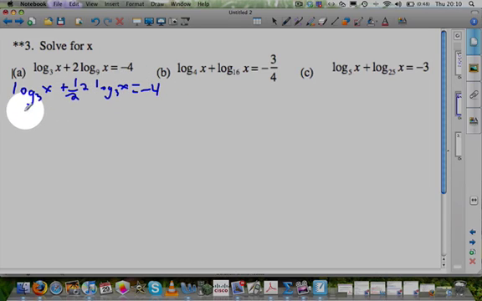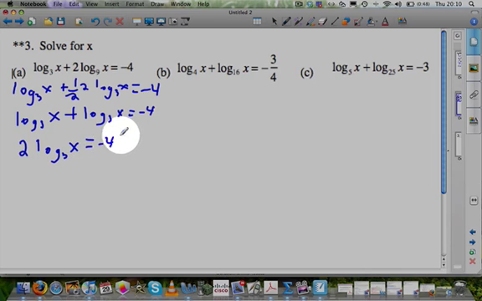Okay, so as we get that, then our next step, just some simple algebra here, log base 3 of x, 1/2 times 1, so then you have plus another one, log base 3 of x, and that equals -4. Okay, so then it looks like we have 2 log base 3 of x equals -4.